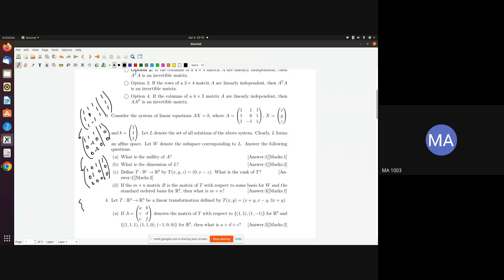The solution space is x, y, z, where x plus z is 1 and y is 0. So basically (x, 0, 1 minus x), where x is any real number. So this is your solution space, correct?